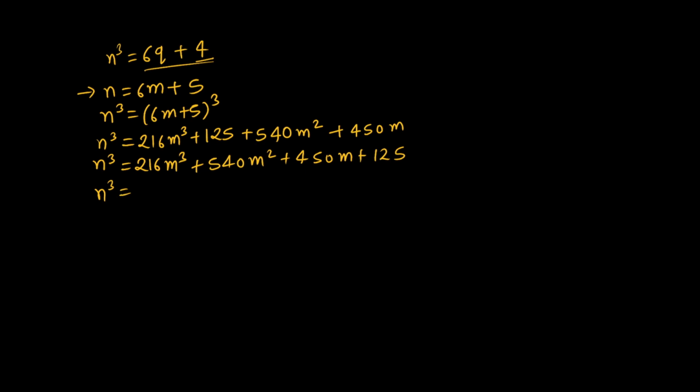So from here we can write n cube is equal to, 6 will be common, so 36 m cube plus 90 m square plus 75 m plus, so we need r less than 6.